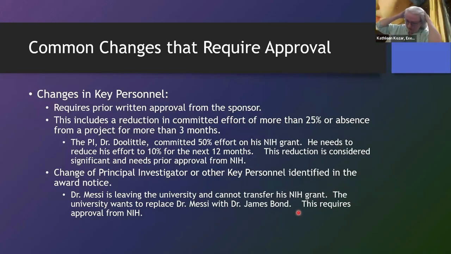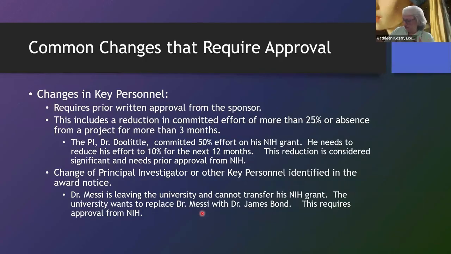The approval would be in the form of a letter, documentation of why Dr. Bond is appropriate to take over the grant that used to be in place for Dr. Messy, what his credentials are, what his expertise is, and when he will be taking over as principal investigator.